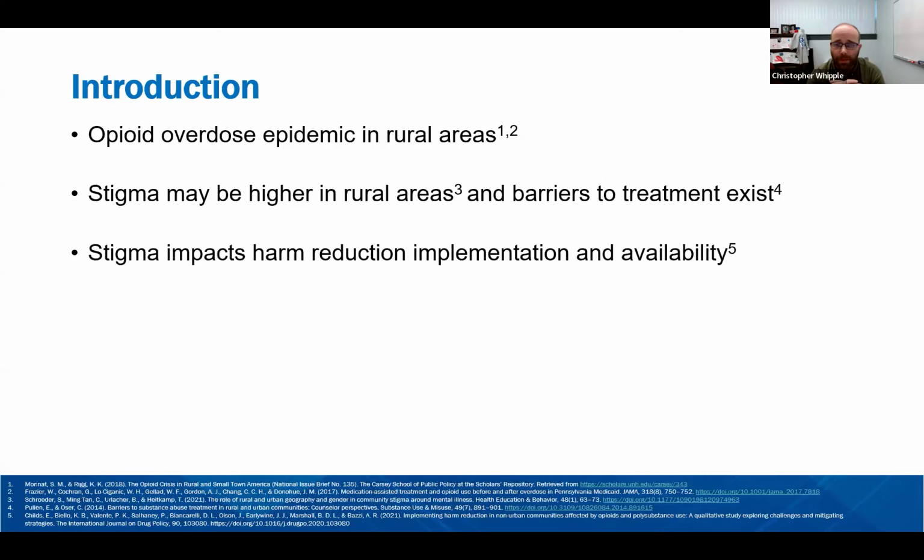So stigma has a big impact on availability of treatment and recovery resources, and is going to impact the availability of harm reduction opportunities. And so the stigma that we see in some of our rural areas may make it less likely for people to be able to utilize the resources that will help them avoid these fatal overdose experiences.